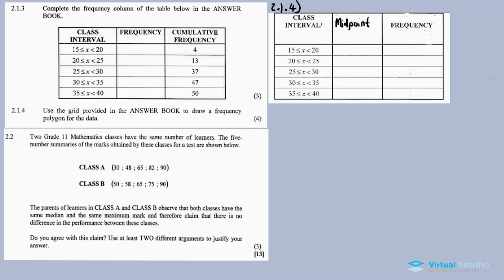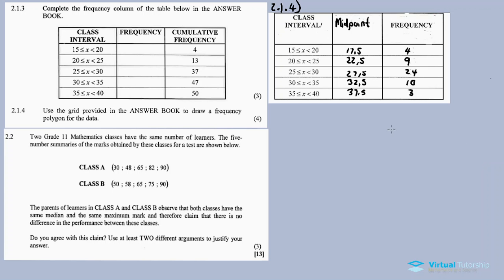Our frequencies were calculated in the previous question, and then the midpoints I calculate by saying 15 plus 20 divided by 2, 20 plus 25 divided by 2, 25 plus 30 divided by 2, and so on. So we get 17.5 for the first row, 22.5 for the second one, 27.5 for the third row, and until 37.5.